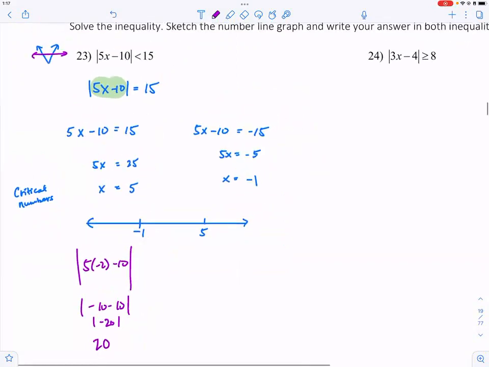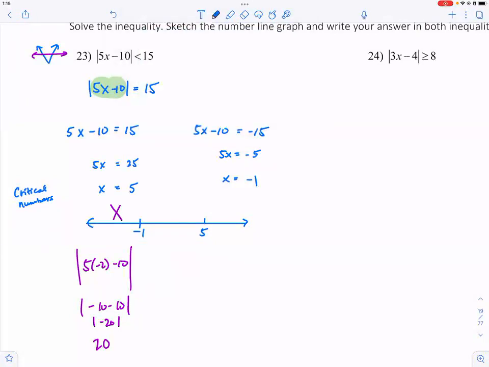Well, 20 is not less than 15. So this interval doesn't work, because if you pick a number less than negative 1, that's not making the original inequality statement true. If it's not making the statement true, then it's not the solution.